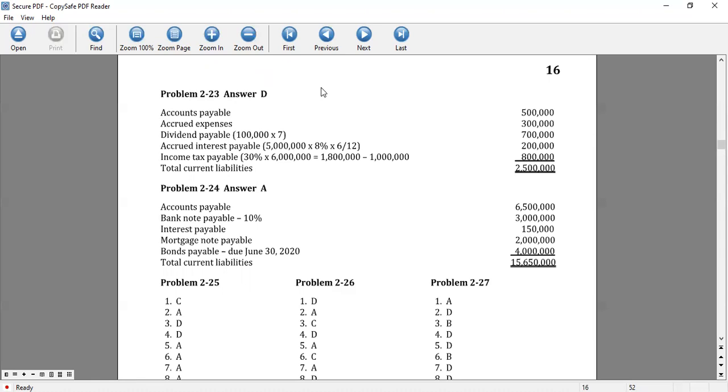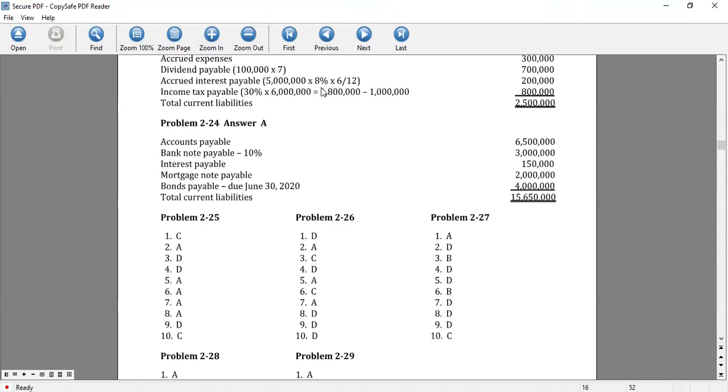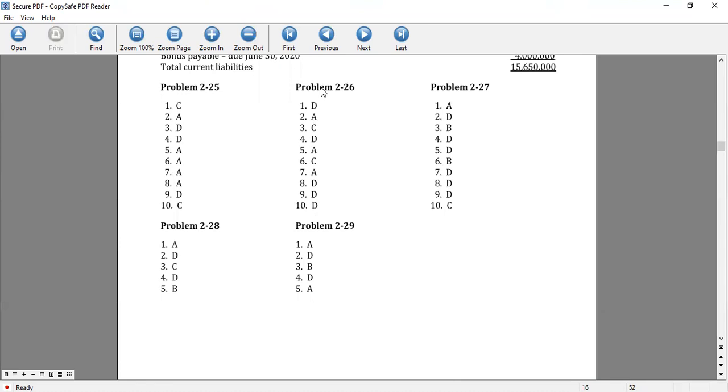Now we have all of this with letter answers up to number 29. So will you get the letter answers now from numbers 25?